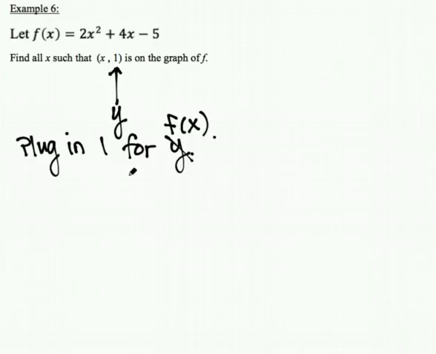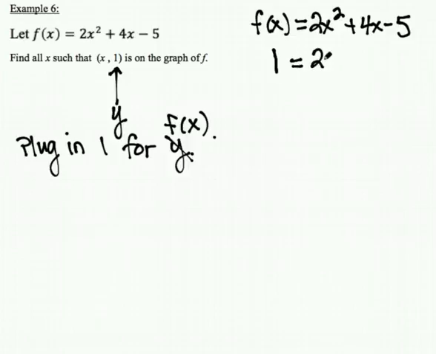All right? So I'm going to write it over here. We have f of x equals 2x squared plus 4x minus 5. And again, we're going to plug 1 in for that f of x. So it's going to become 1 equals 2x squared plus 4x minus 5. Again, we know what the f of x value is.